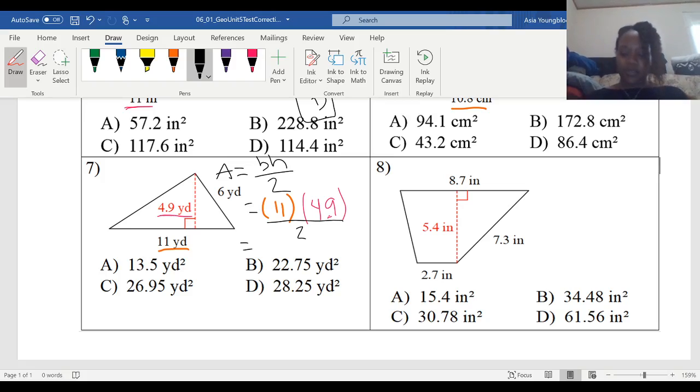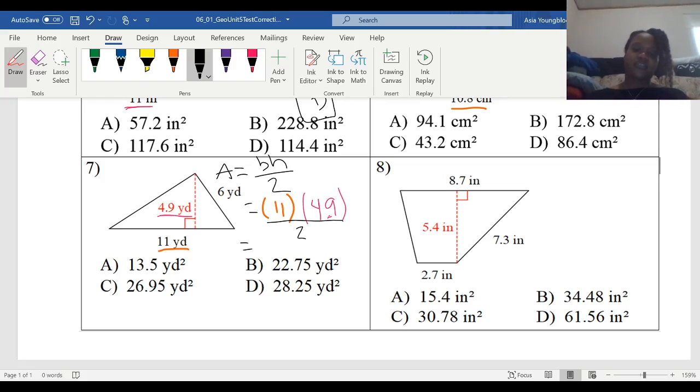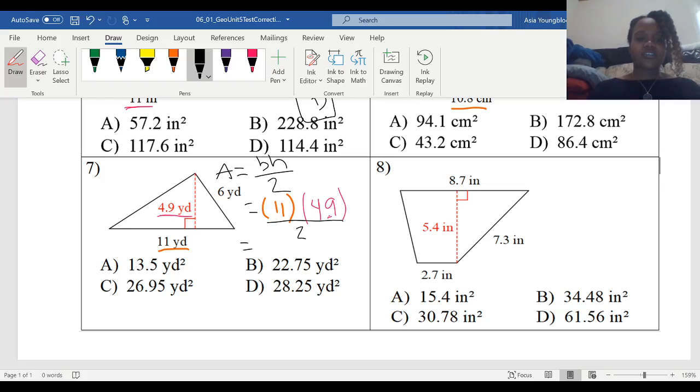In my calculator, I'm going to do 11 times 4.9, which gets me 53.9. Dividing that by 2 gets us 26.95. So the area for this triangle is going to be 26.95 square yards, which we see is the letter C.